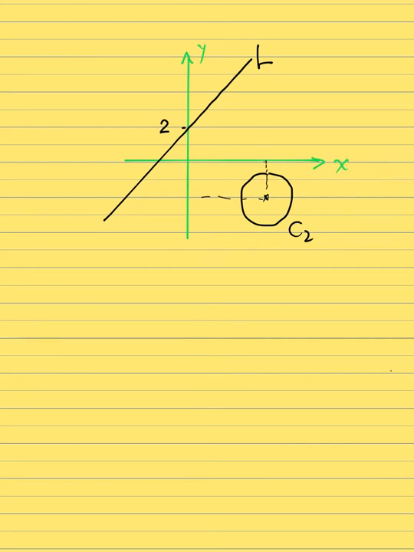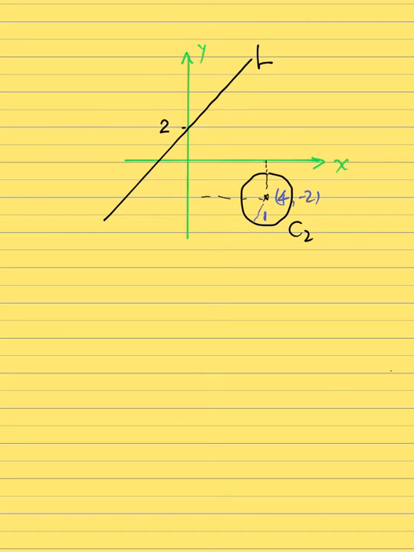The y-axis and then the x-axis, the straight line L with y-intercept 2, and the circle C2 with center (4, negative 2) and radius 1.